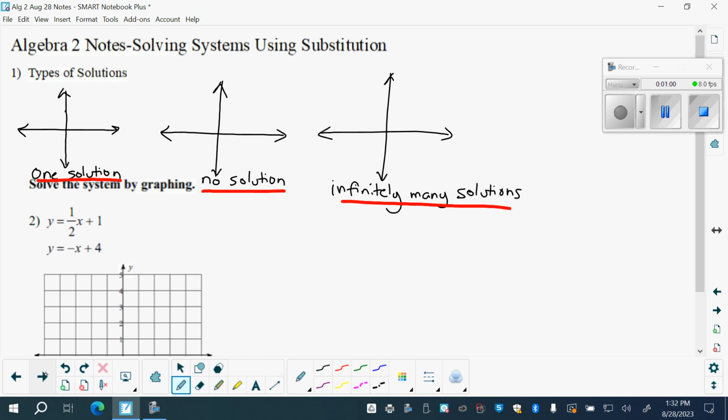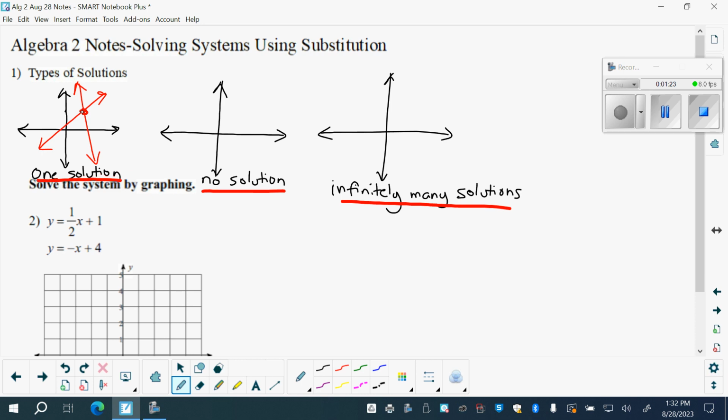They're not going to be parallel. If there's one point, they're going to cross. Sorry, I thought I was doing the no solution. So they're going to cross and have one point there. That's one solution. So that is a point.